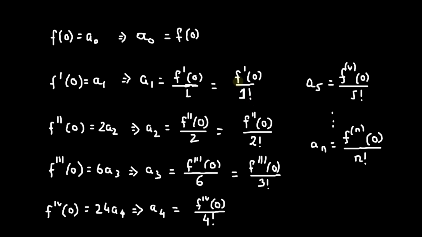The reason why I have written it in this particular format is that we are going to replace all the constant coefficients in our nth order polynomial function by these new values in terms of the derivatives. So let's do that.